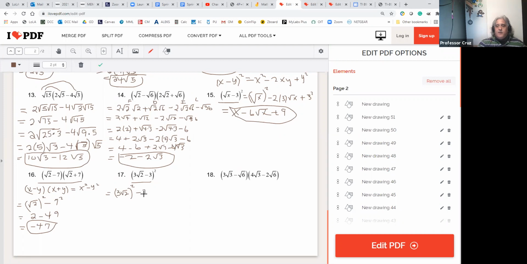That's what that 2 is for. And then it's negative 3 times negative, I'm sorry, negative 3 times positive 3. Is 9. And then plus.